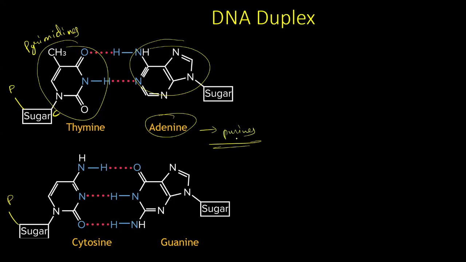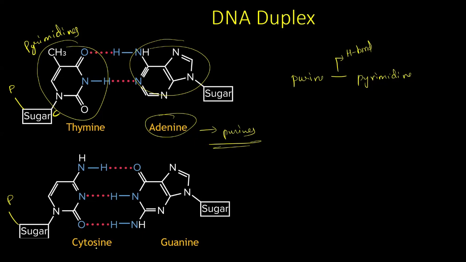Okay. So just remember one point here. Always a purine will join with a pyrimidine with the help of a hydrogen bond. This is one thing you need to remember. For example, thymine is a pyrimidine that joins with adenine, which is a purine.